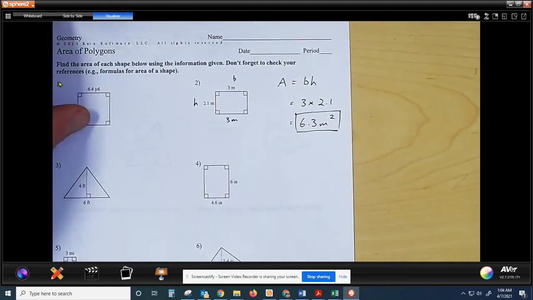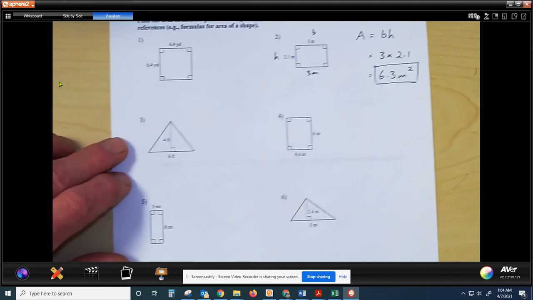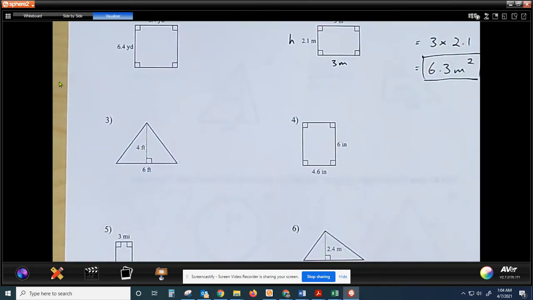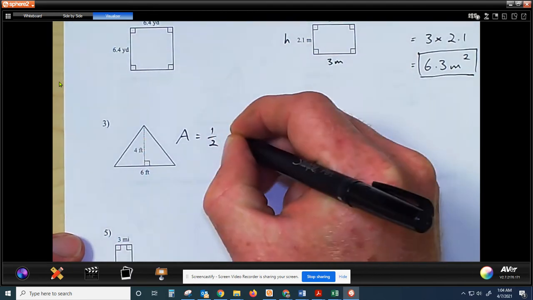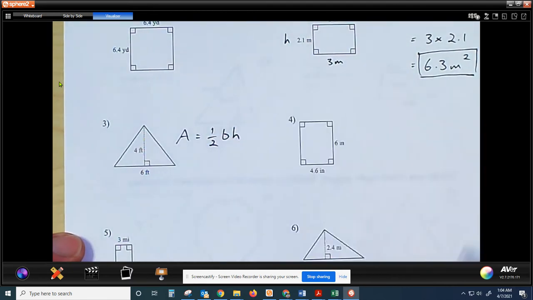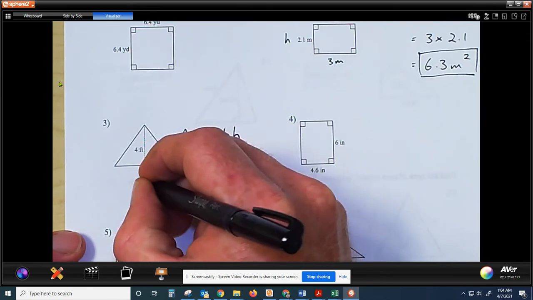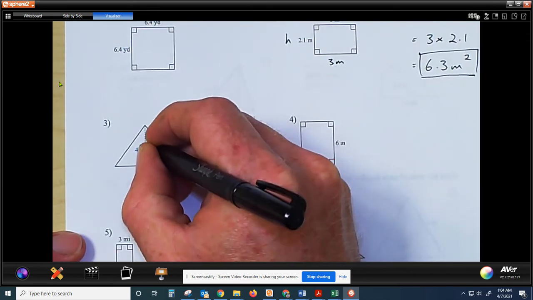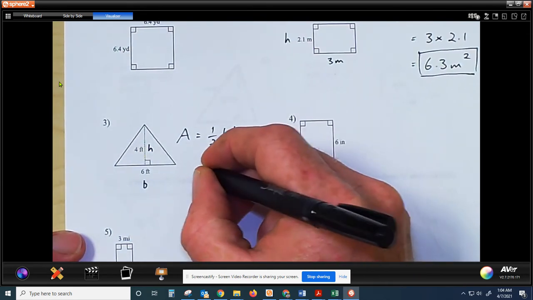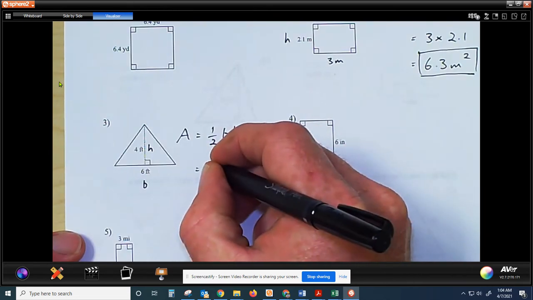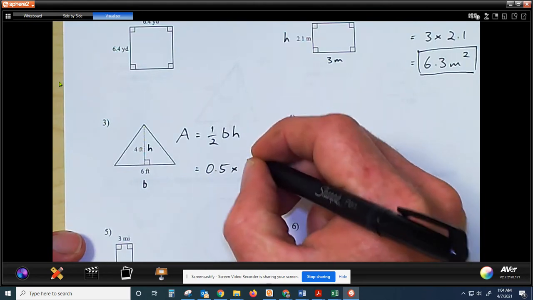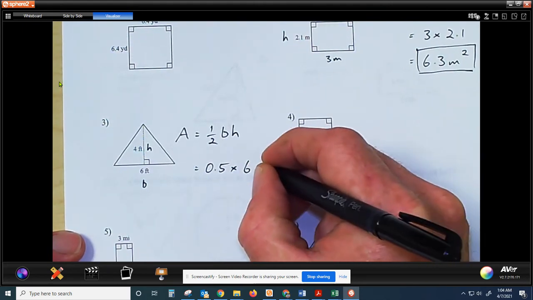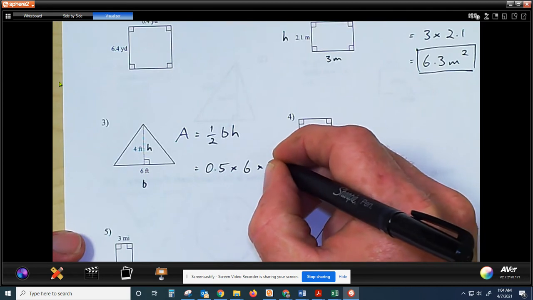Let's refresh on a triangle. Apologies if I haven't been zooming in enough for you. The area of a triangle is equal to 1/2 base times height. Well, here's my base, and here's my height. So I'm going to say 0.5, which I like for the calculator, times my base of 6 times my height of 4.